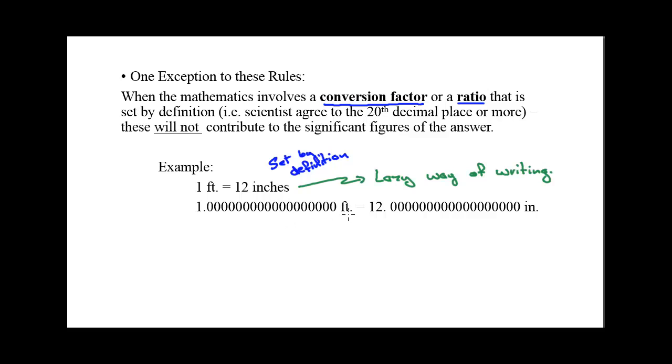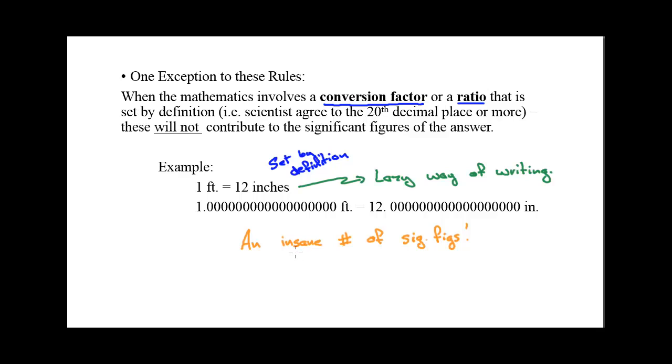1.0000000000000 feet equals 12.000000000 inches. Now, in reality, you don't want me to force you to write this way, but would you agree that there is an insane number of sig figs here?